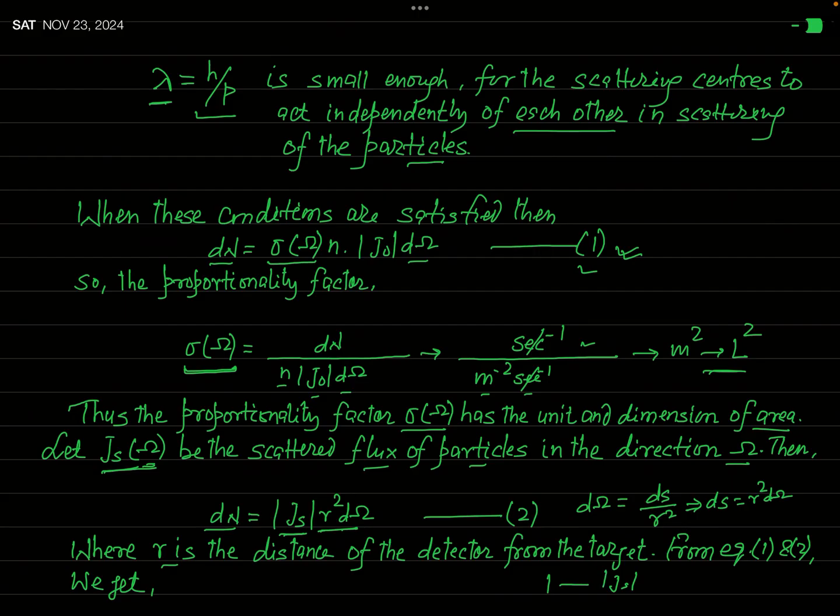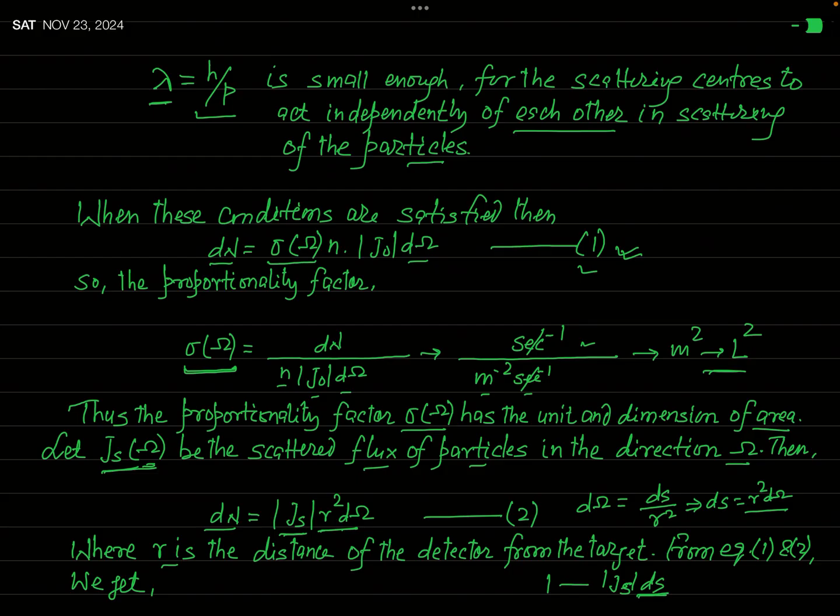So what will be the number of particles scattered in unit time through area ds? Then you have to multiply this by ds. So dn will be equal to mod of Js times ds, but ds is equal to r square d omega.